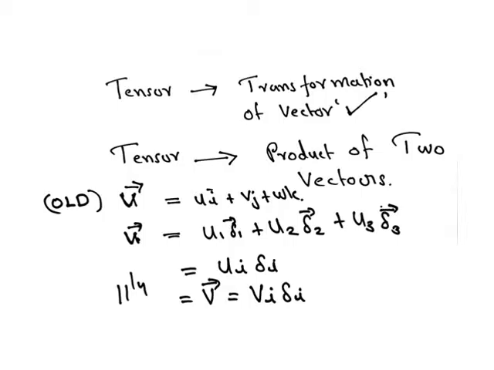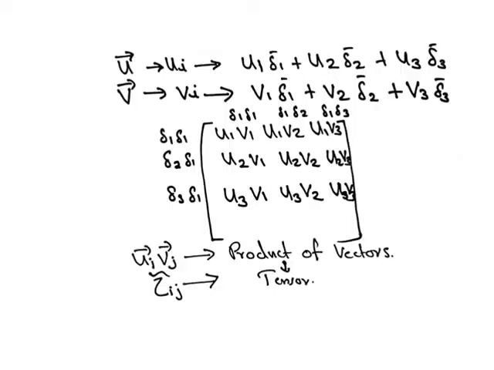Then here you can see the u vector, we normally write ui. Ui means u1 del 1 plus u2 del 2 plus u3 del 3. That is already understood. Similarly, vj is v1 del 1, v2 del 2, v3 del 3. So when you multiply them, instead of 3 terms, you have cross terms, and 9 terms are there.